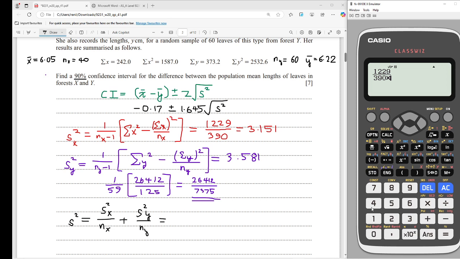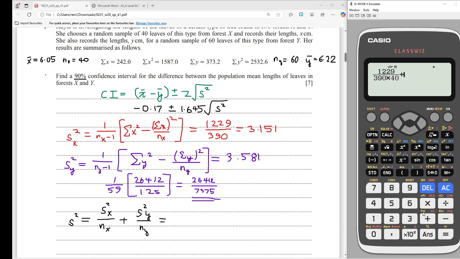That basically means 390 times 40, and this is added with, using the same logic, S2y, which will be 26412 whole divided by 7375 multiplied by 60, and this value gives us 0.13847.